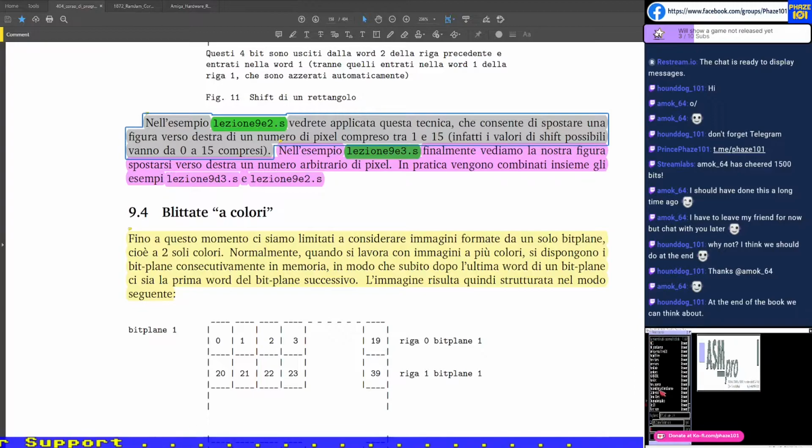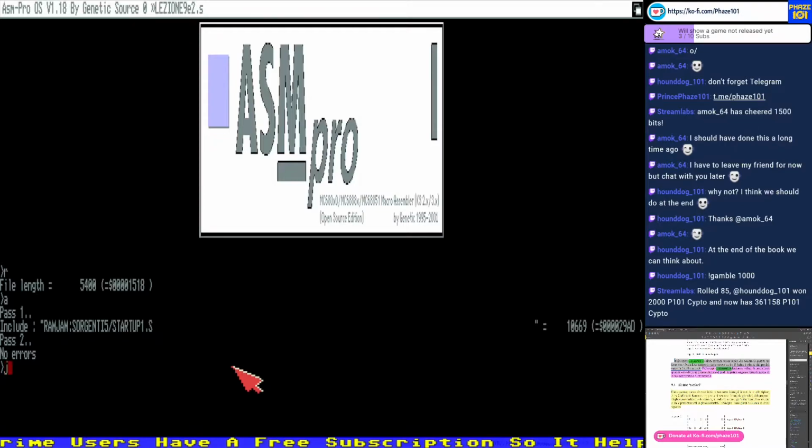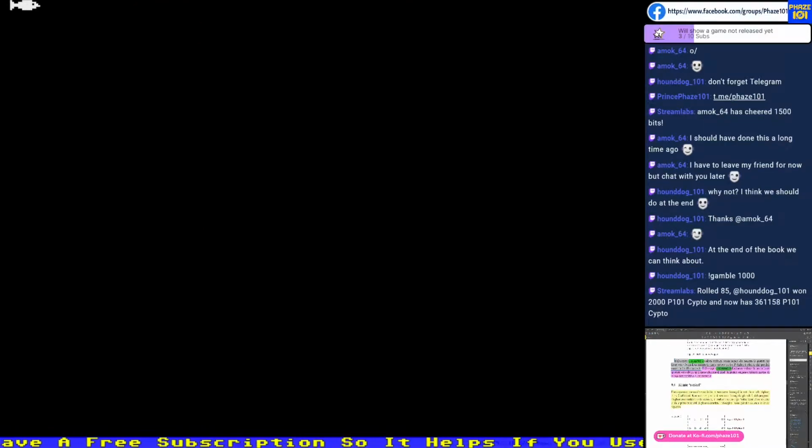Let's go on the Amiga. This is the example that we did last week, the fish that is like a spring.